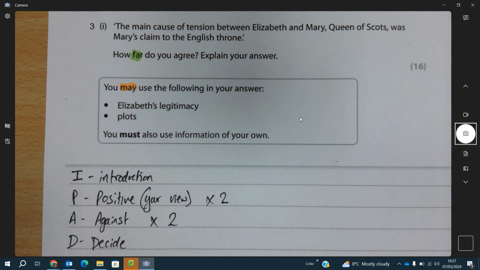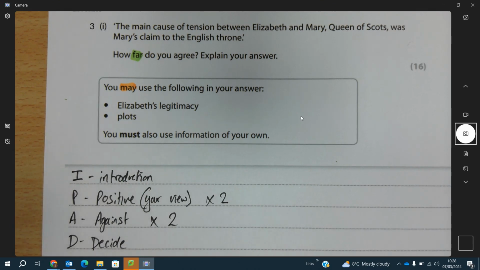Then you are going to aim to do 2 positive paragraphs. Now, by positive, we mean about your view. And this is really, really important. In an argument, you don't start off with somebody else's view. In an argument, you start with what you think, and you are going to do exactly the same here.